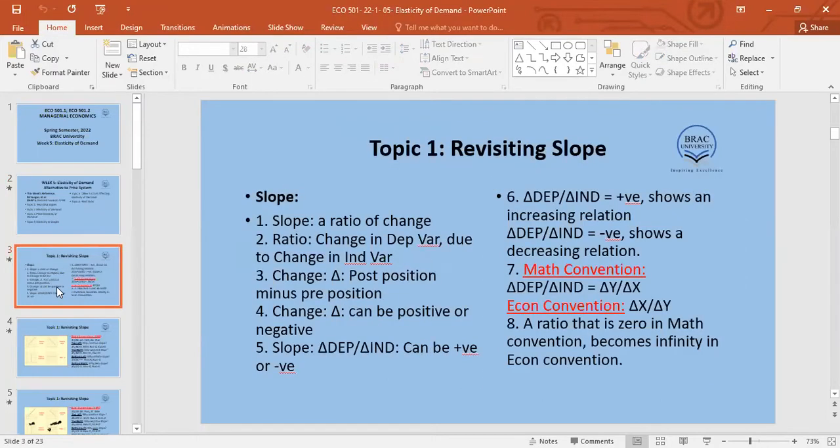Revisiting slopes. We keep saying one thing again and again: slope is nothing but a ratio of change, and universally slope is always defined as change in dependent variable due to change in independent variable. This is the general form of slope. What does that mean?